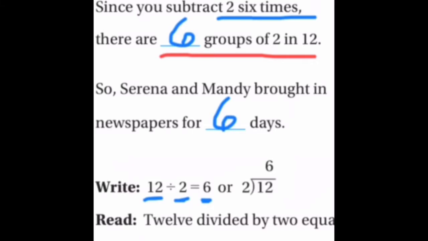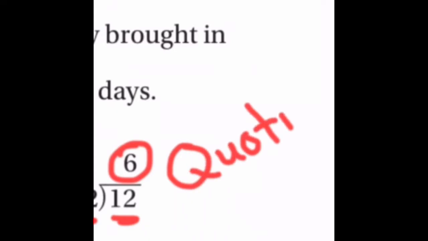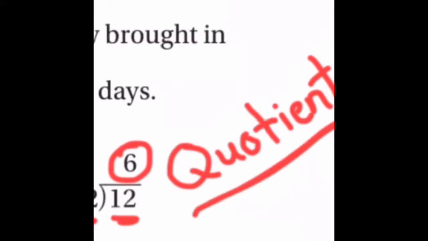If we look at it the other way, 12 divided by 2 is 6. 6 was our answer. If you remember from the other lesson just before this, the answer to the division problem is called the quotient. So if you ever see a problem asking about the quotient, that tells you you need to divide.